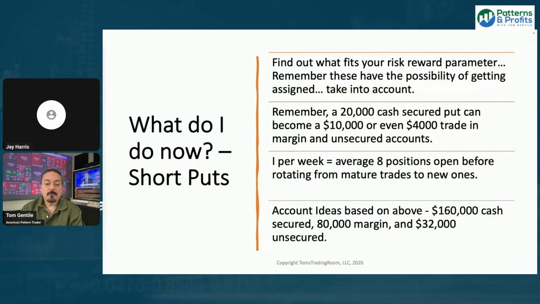Right. That's the first thing. Next thing I do is, for example, a $20,000 cash secured put can become a $10,000 or even $4,000 trade when you step to a margin or an unsecured account. So again, that all has to do with risk reward and how comfortable you feel doing this particular trading strategy.